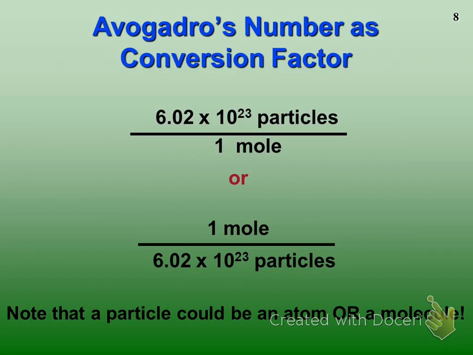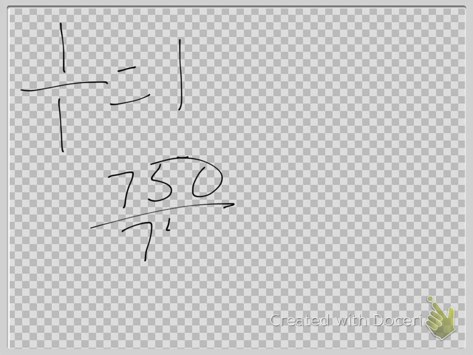Because of the fact that we can throw this in there, I wanted to make sure this example is given. If we have any number over itself, we know that it equals 1. So no matter how large the number is, 750 divided by itself will still give us 1. We want to take the same information and apply it to our conversion factors. Meaning what?